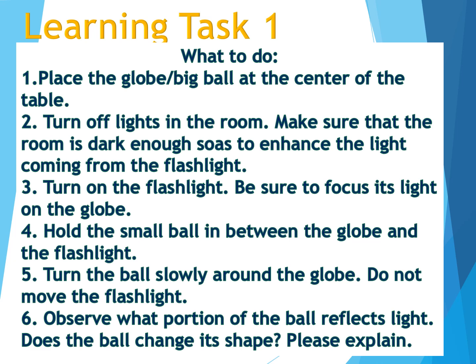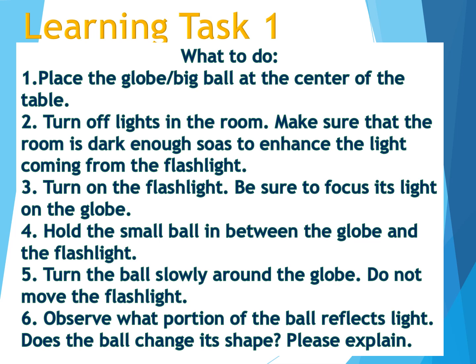Okay, in this activity you need the guidance of your guardian, parent, or elder sisters and brothers. What you're going to do is place the globe or big ball at the center of the table. Turn off the lights in the room. Make sure that the room is dark enough so as to enhance the light coming from the flashlight.